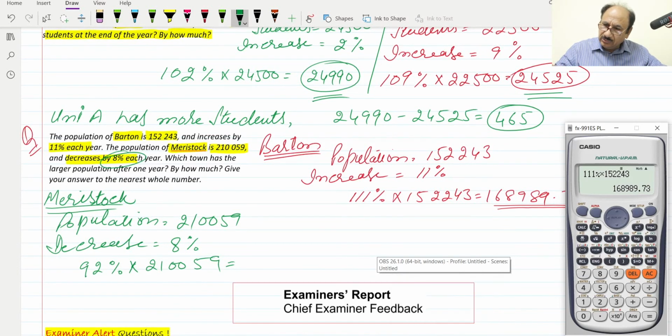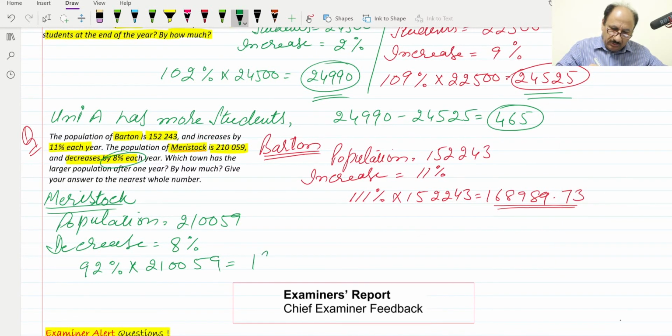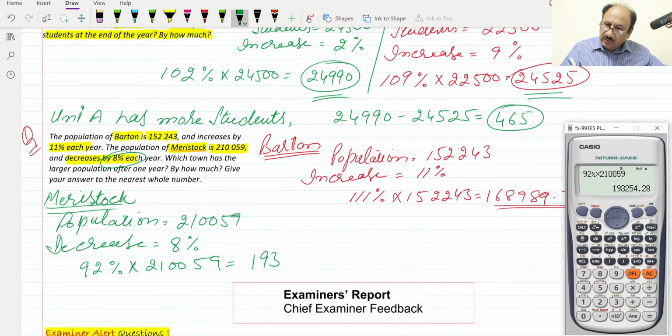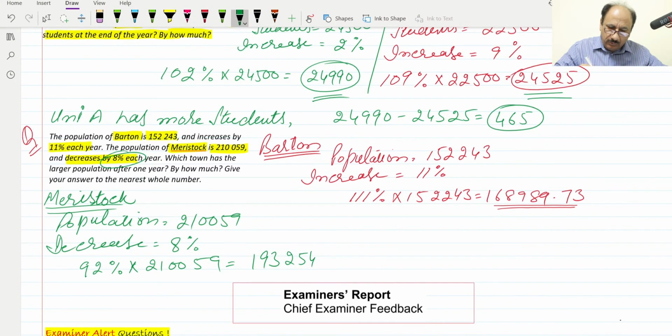This will be 92% of 210059, and this will be equal to 193254.28.